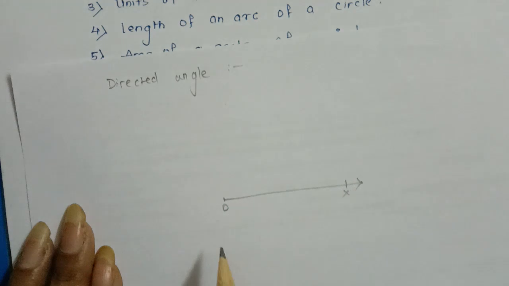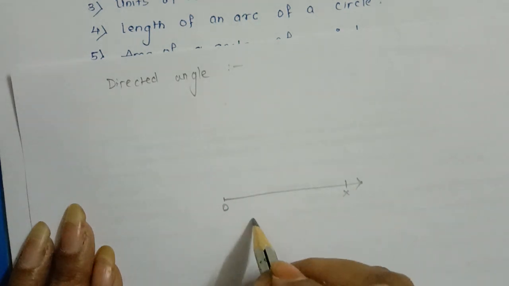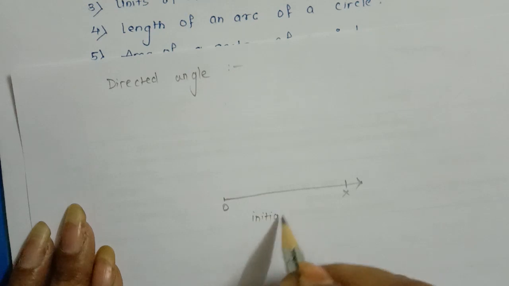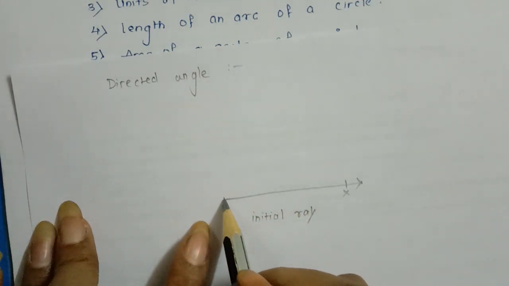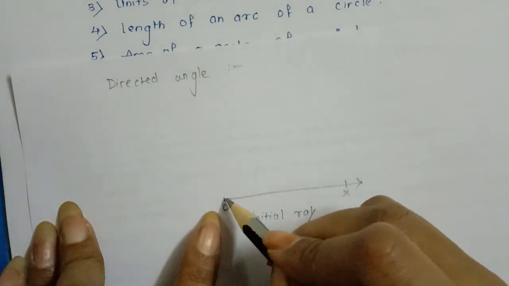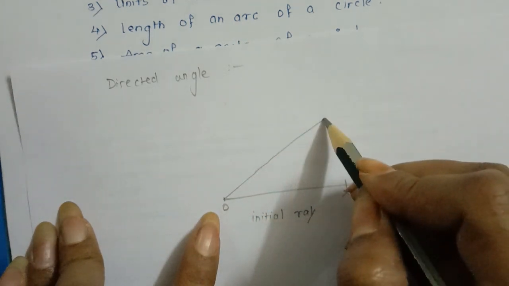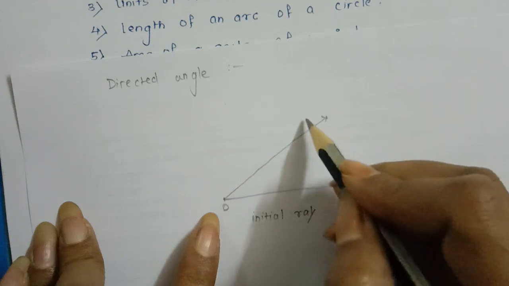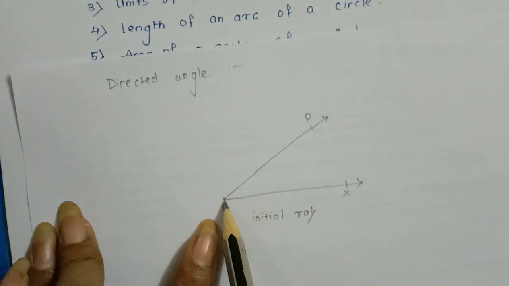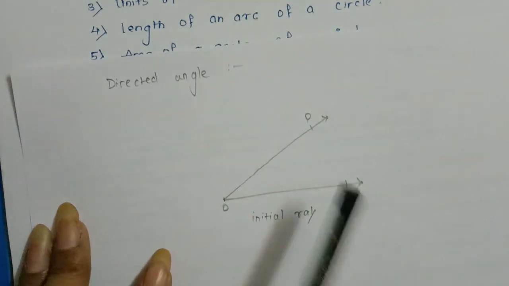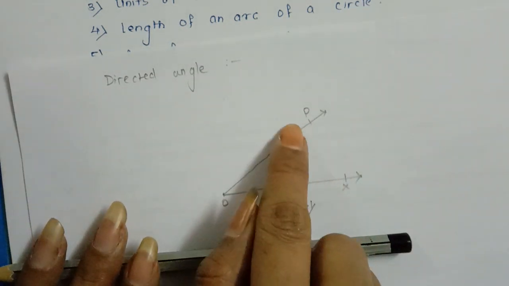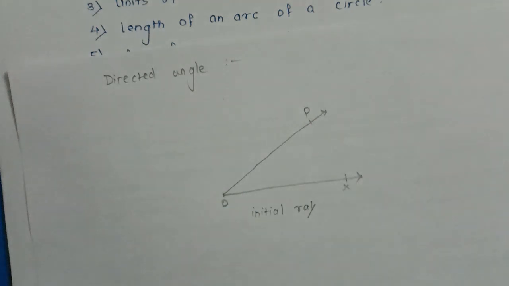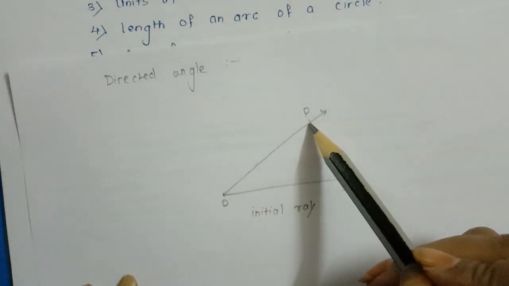So here I have considered one initial ray OX, which rotates about O and takes the final position OP. You can see OX is the initial ray, and this rotates about this O and takes the final position OP.